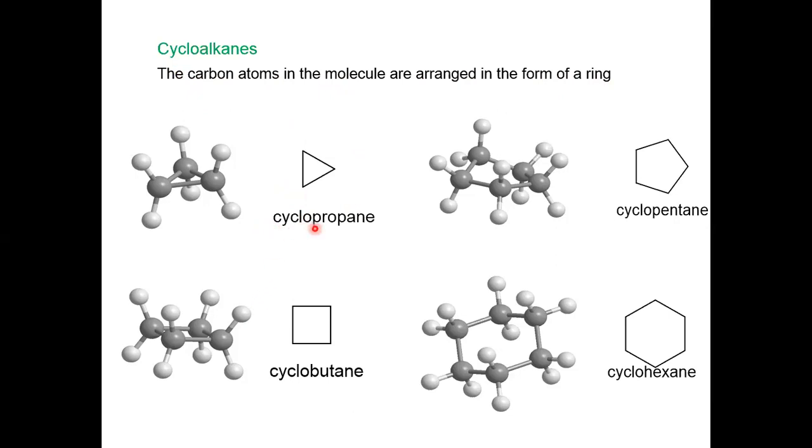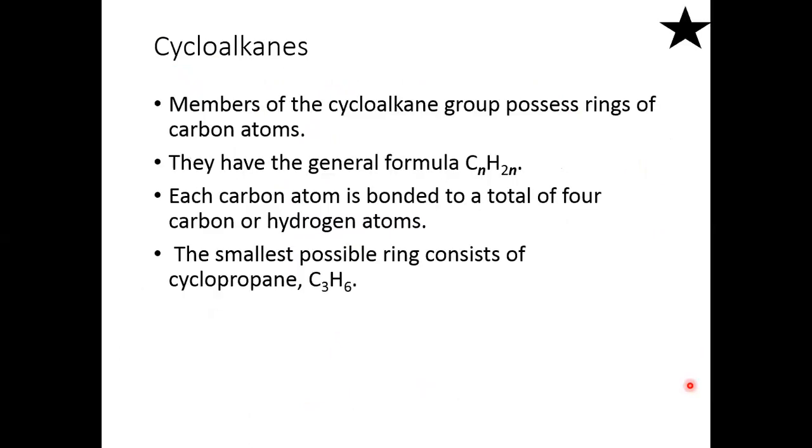This is the simplest cycloalkane, cyclopropane, in the shape of a triangle. Cyclobutane, 4 carbon, 1, 2, 3, 4, butane. So in terms of a cyclo. Cyclopentane, cyclohexane. Okay, how do you want to number it or name it?